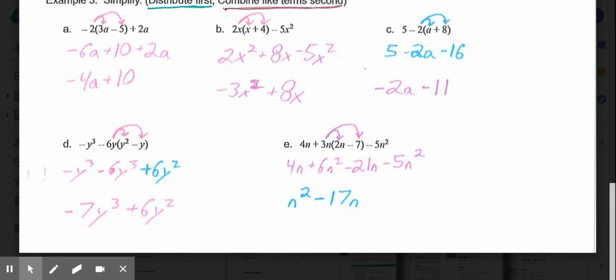So bring down what we didn't use, and we have 4n plus 6n squared minus 21n minus 5n squared. I can combine my positive 6n squared and my negative 5n squared to give me a positive 1n squared. And then we have a positive 4n and a negative 21n. Negative 21 plus 4 gives us a negative 17n. So we'd have n squared minus 17n.